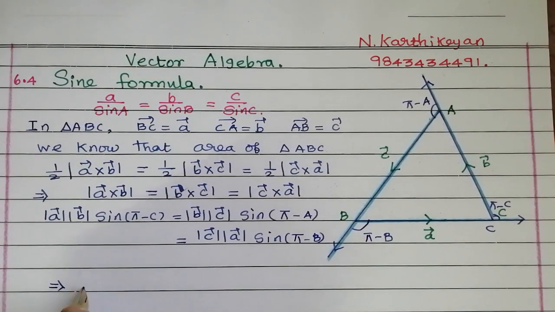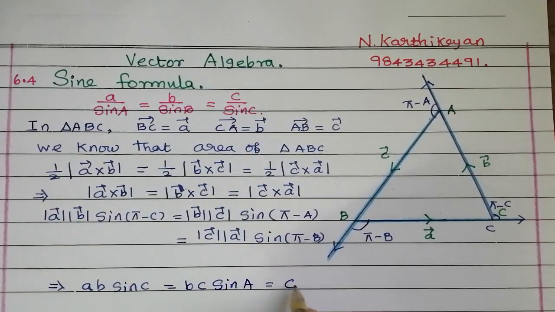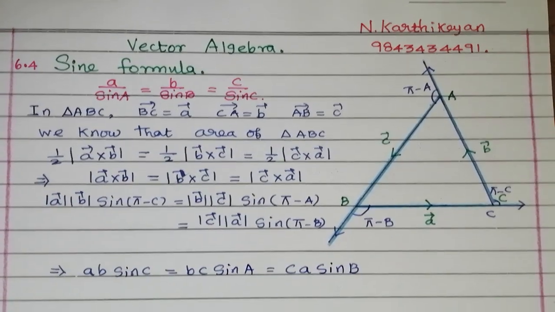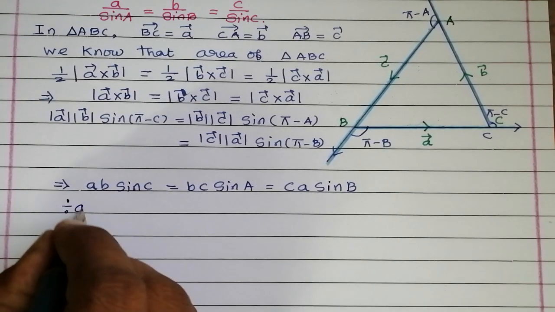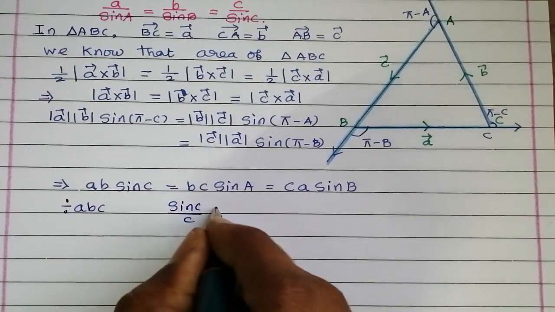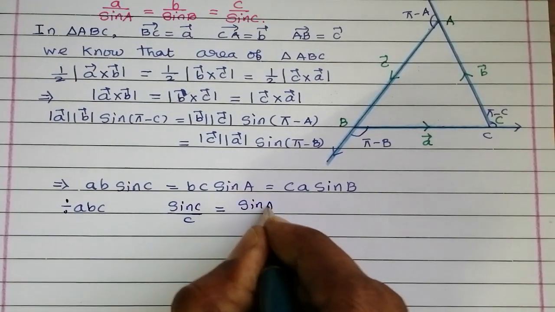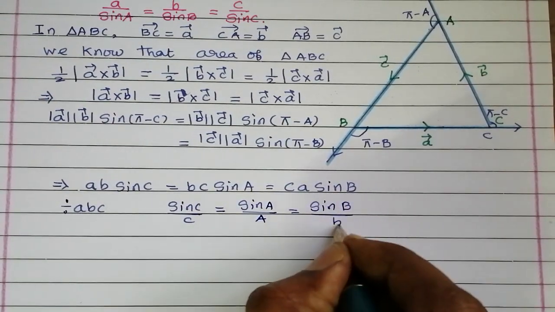Modulus of a vector is a, modulus of b vector is b, into sin C, equal to b into c into sin A, equal to c into a into sin B. Then throughout dividing by abc, we get sin C divided by c equal to sin A divided by a equal to sin B divided by b.